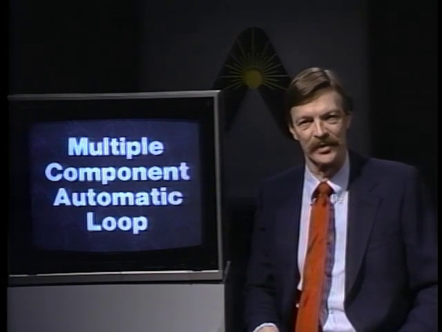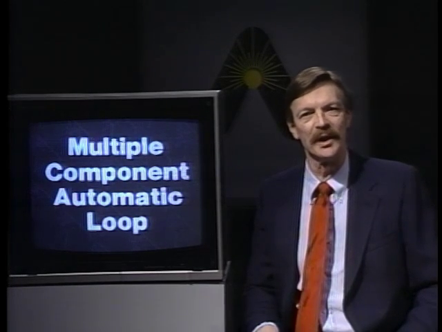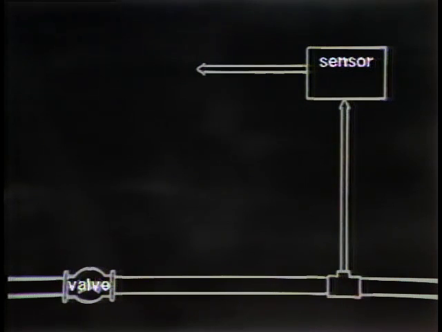The obvious answer is automatic control. One approach is the multiple component automatic loop. Let's go back to our valve. First, we sense the pressure downstream of the valve and create a signal that is proportional to it.